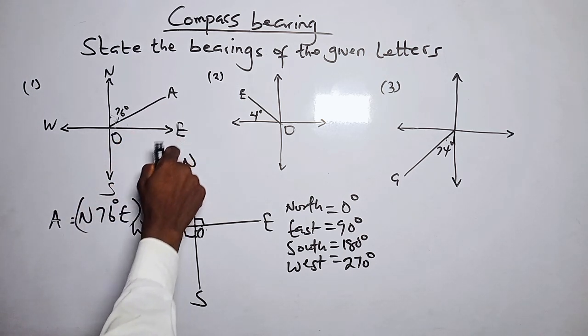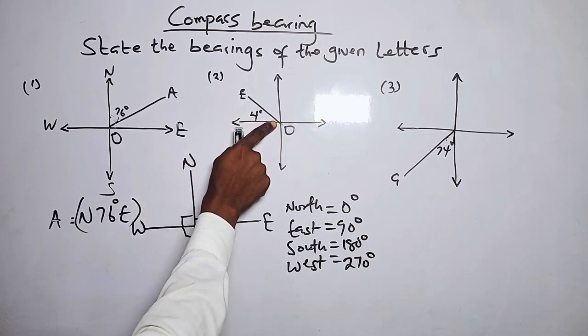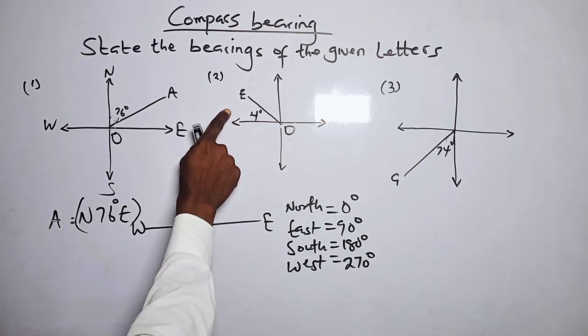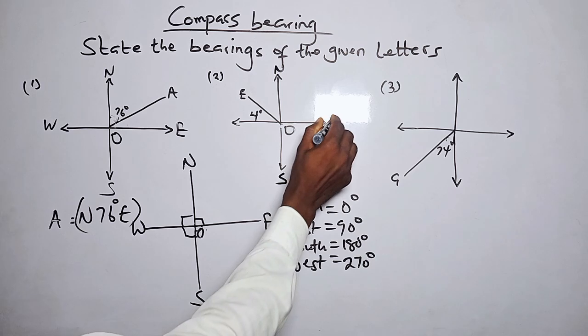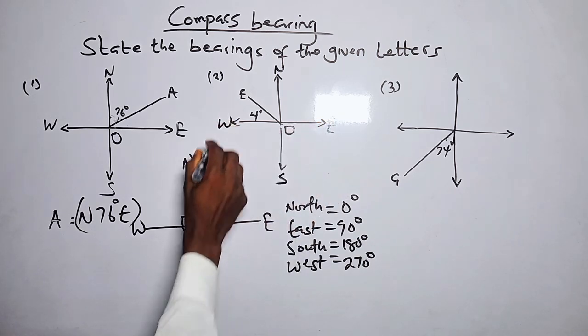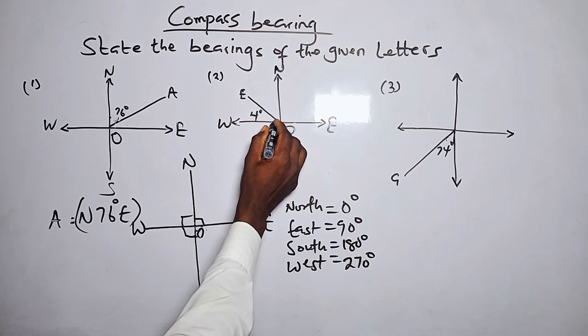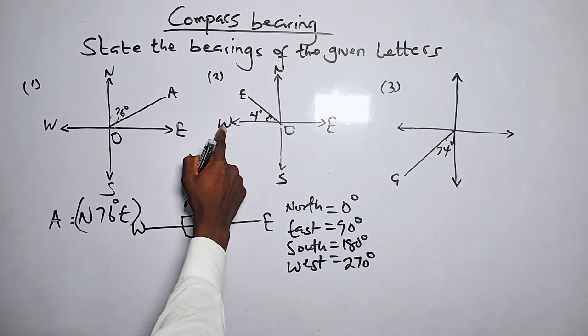When we look at number 2, we have the position of E here. To state the bearing, we have the north, the south, the east, and the west. The angle is going towards this side, and we can't start with the west.